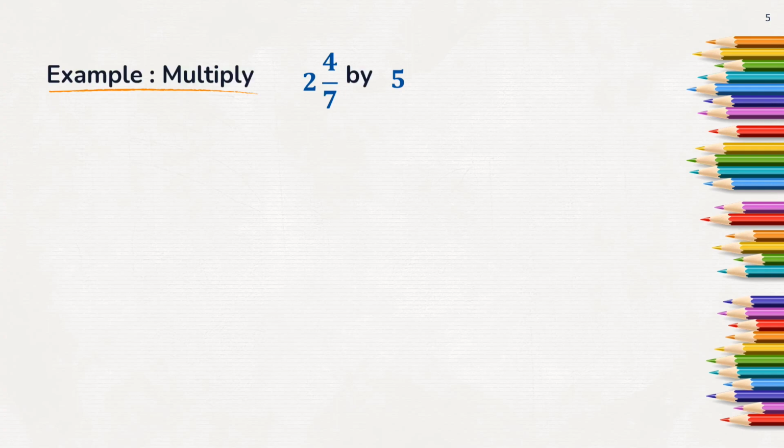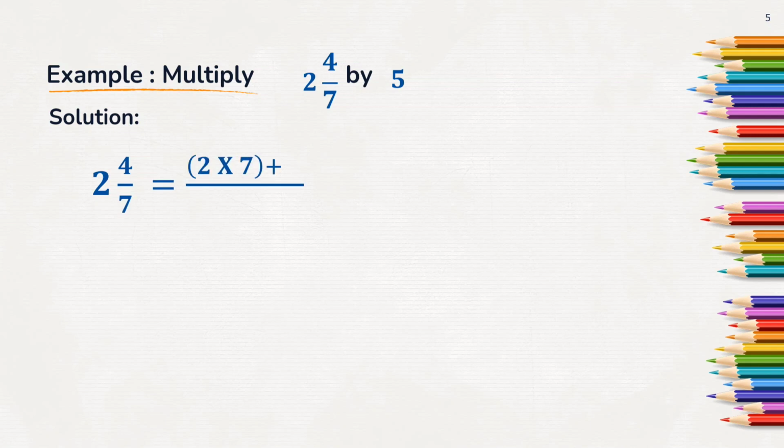Here, multiply 2 4 by 7 into 5. So here in the solution, 2 4 by 7 is equal to 2 into 7 plus numerator 4 by 7, the denominator, which is also equal to 14 plus 4 by 7, which is equal to 18 by 7.